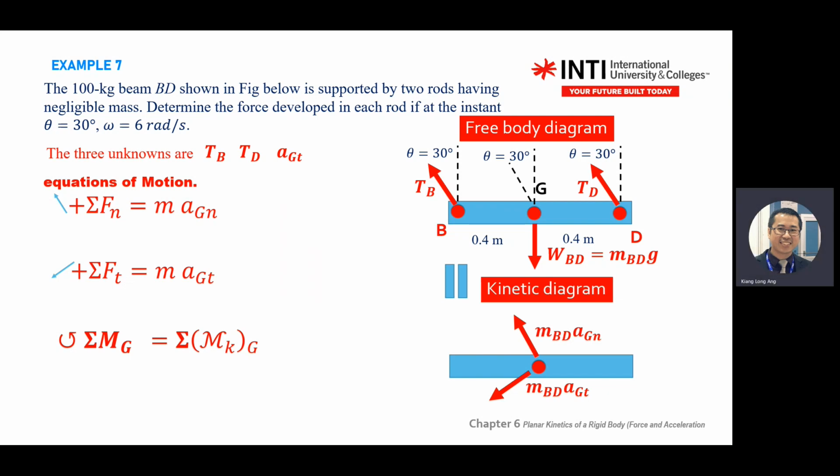So your answer, first one is what? P cos 30 times 0.4, positive or negative? Why positive?